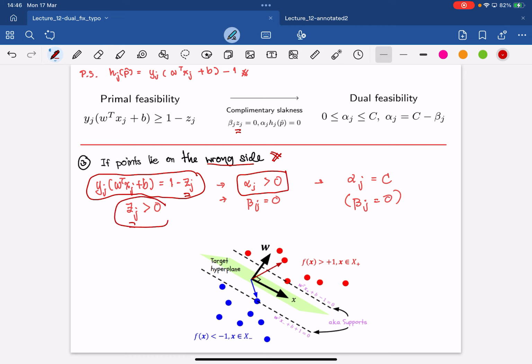And if zj is larger than 0, this means definitely your beta j has to be 0. So this means that for the points that are incorrectly mapped, or mapped on the wrong side, those are actually the points where your alpha value will definitely be equal to C. And C is the parameter that controls your slackness.